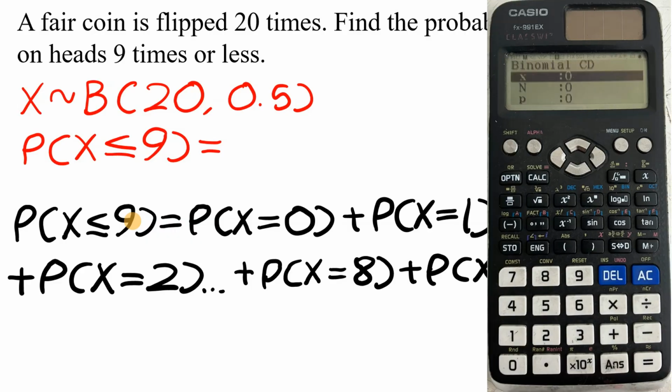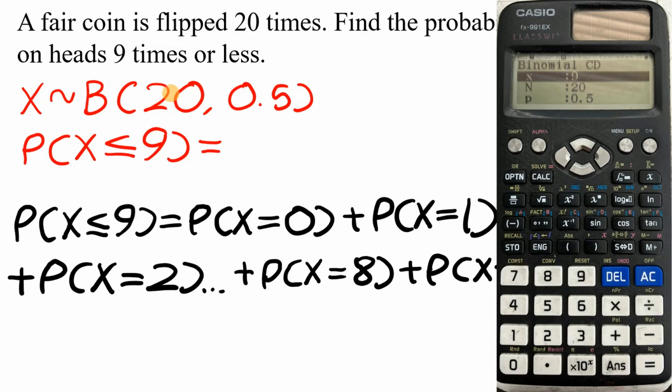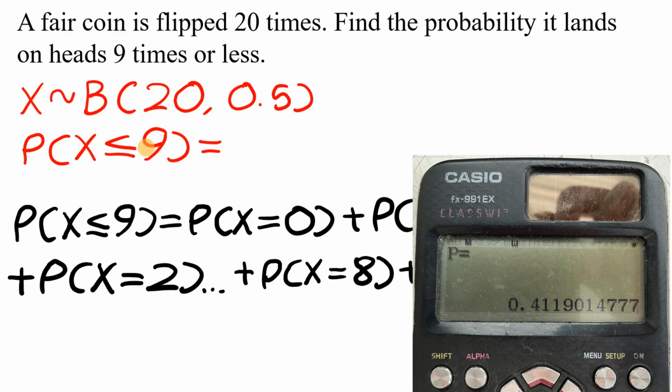So put in n, which is 20, put in p, which is 0.5, and put in x, which in this case is 9. If you press equals, this is the probability that x is less than or equal to 9. To 4 decimal places, it's 0.4119. So this is the probability it lands on heads 9 times or less.